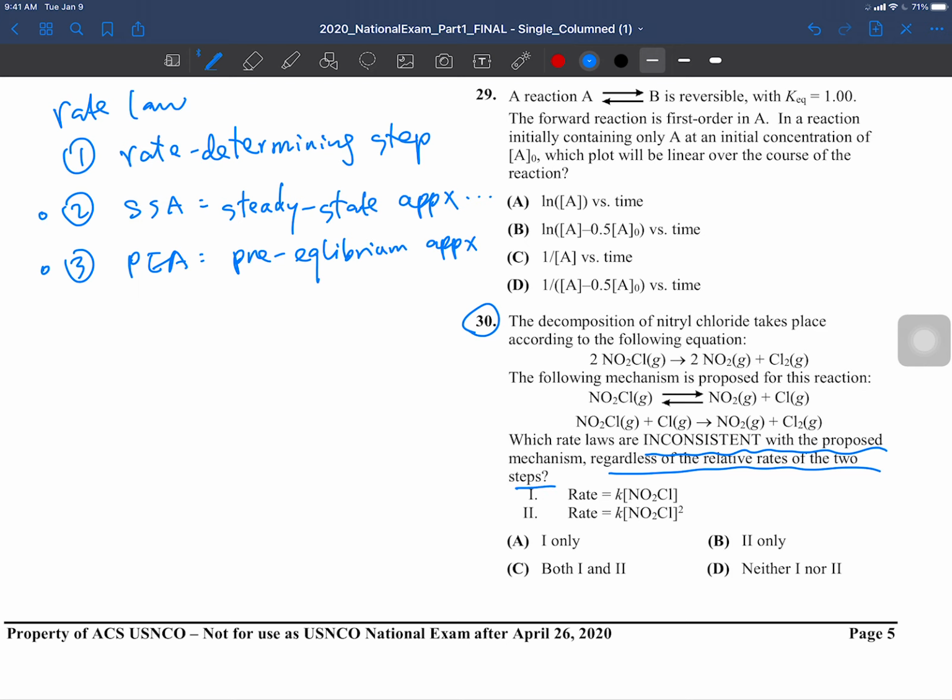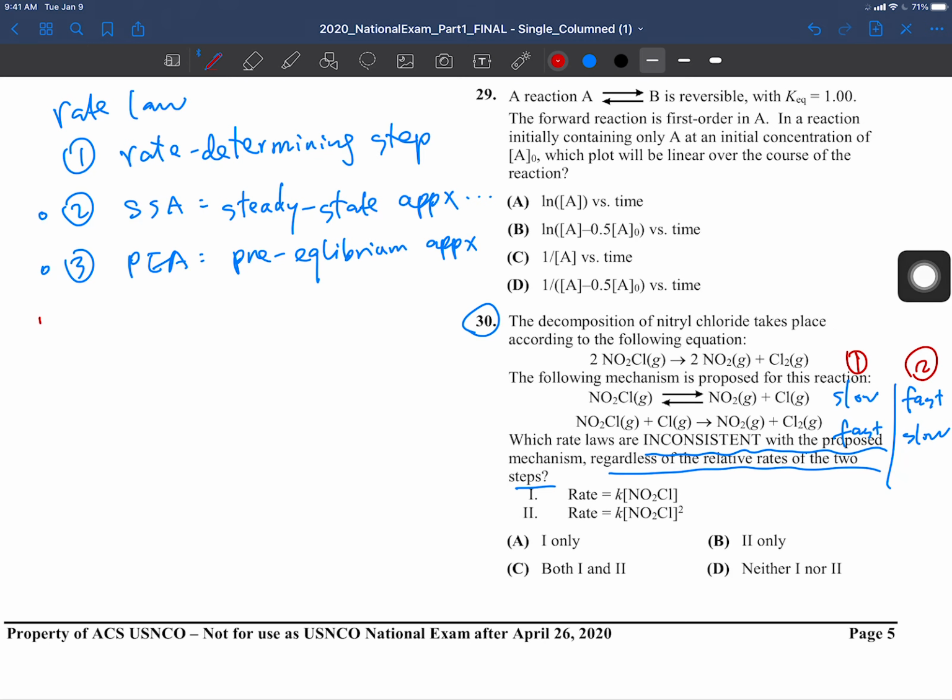So first, the commonly used assumptions are either the first step is slow and the second step is fast, or the first step is fast and the second step is slow, right? Although you may argue, can we have both steps fast or both steps slow? Definitely you can, but this is not a typical case. So a commonly used assumption is either first slow, second fast, or first fast, second slow. And then we are going to analyze these two scenarios.